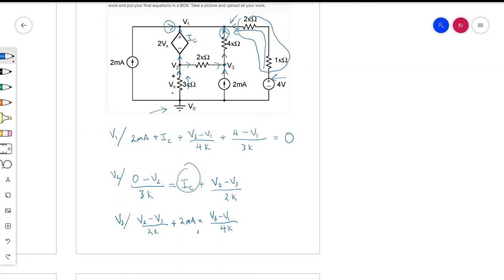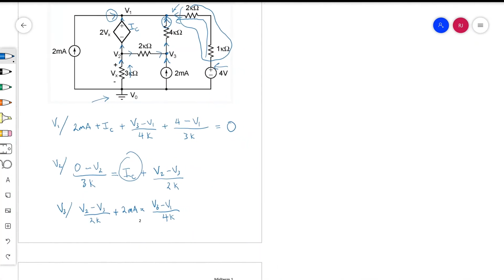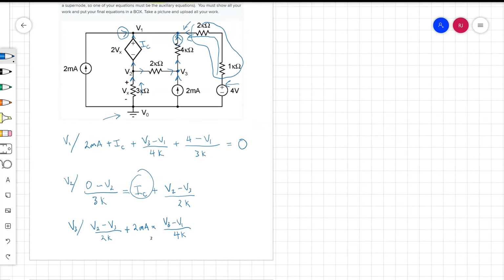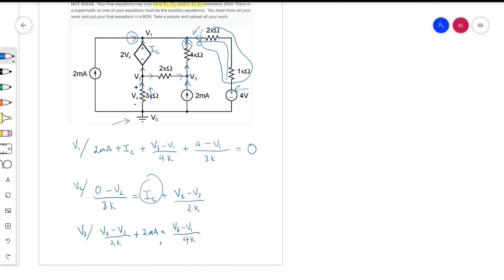So we need to figure out what to use for IC. IC, we said, is the current through this voltage-dependent voltage source, and we said that we couldn't characterize it.